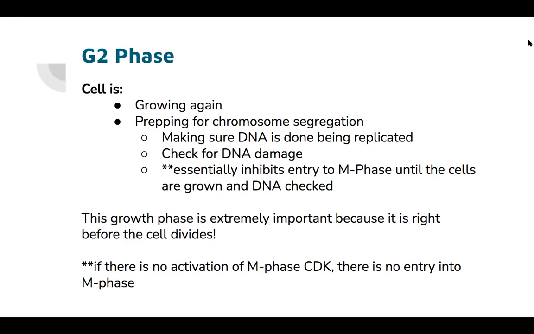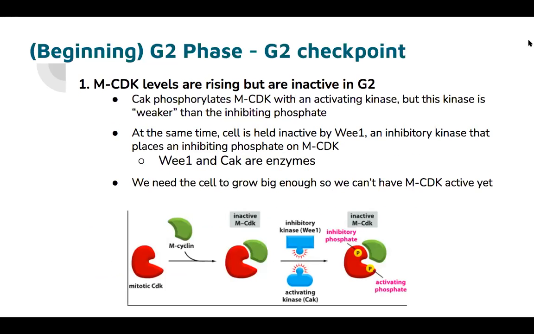So for the next slide, we have the beginning of the G2 phase to the G2 checkpoint. As soon as it goes into the G2 phase, M cyclin CDK levels are rising, but they're still inactive, right? So you want to remember that for the G2 phase, M cyclin levels need to be increased, but they're not necessarily activated.